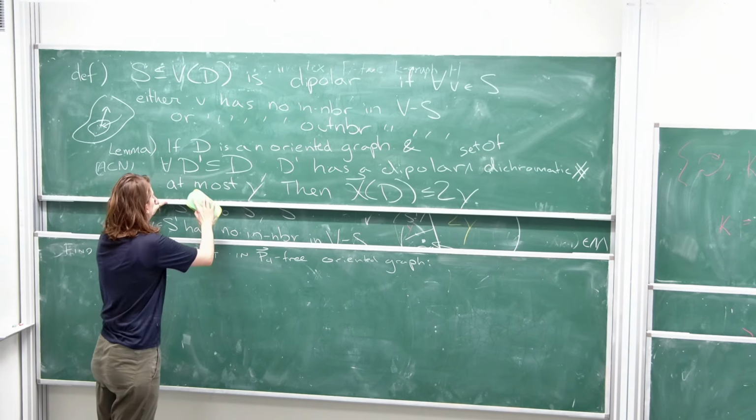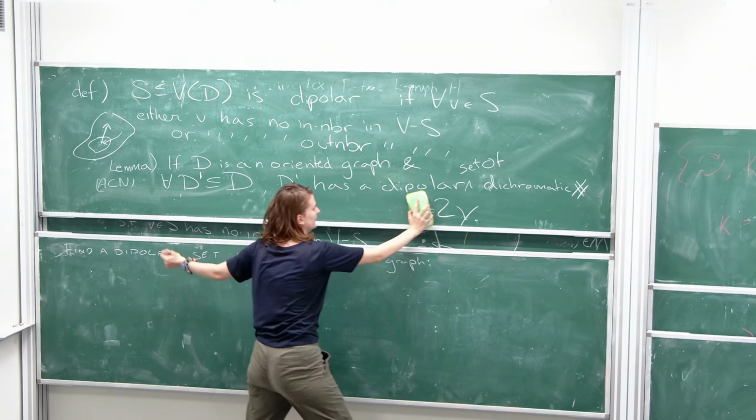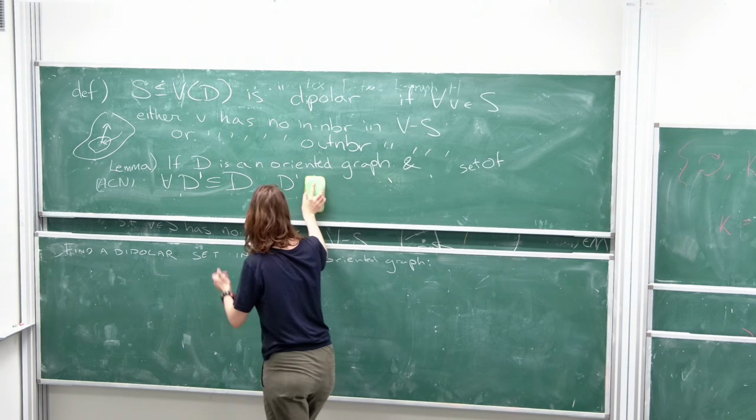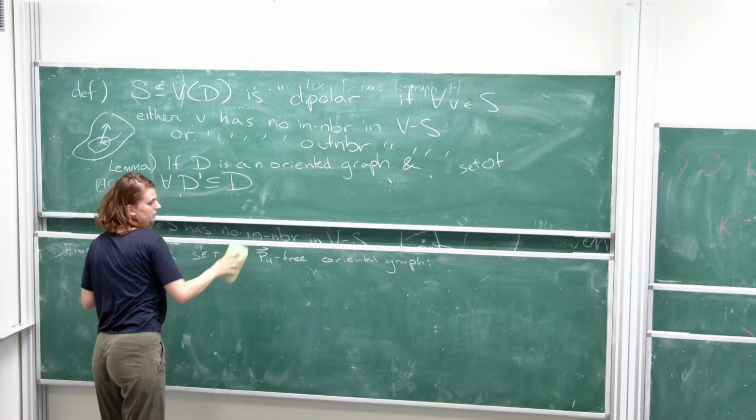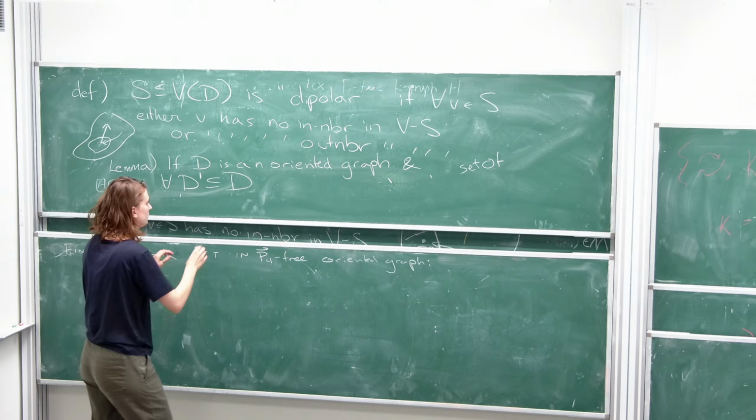Let me maybe rewrite it more carefully. So any D prime has a dipolar set which induces a sub-digraph whose dichromatic number is at most gamma.